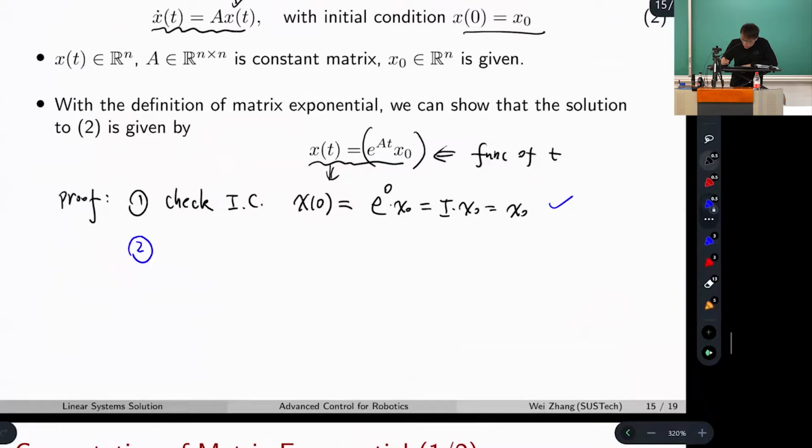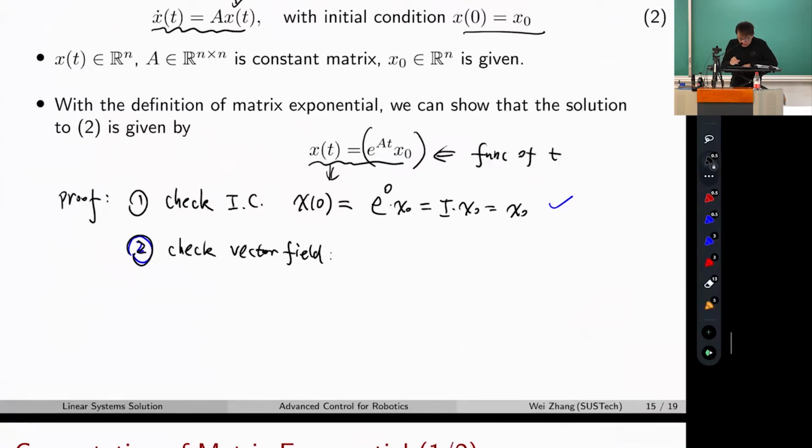Now let's check the vector field. What do I mean by that? This guy needs to satisfy this equation. I propose x(t) has this form, so I need to check e to the At x0 and take its derivative.